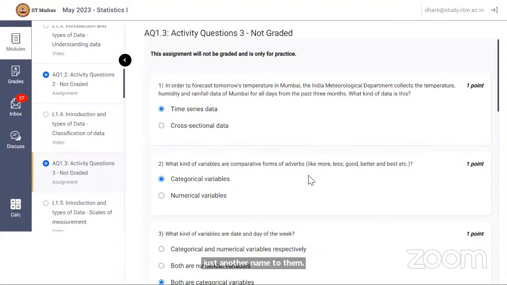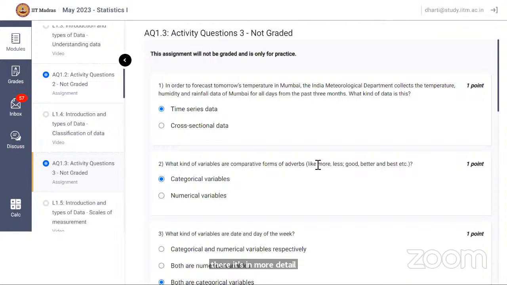Ma'am, what is the difference between cross-sectional data and interval variable? That we will discuss in the week 2 session, because there it's in more detail.